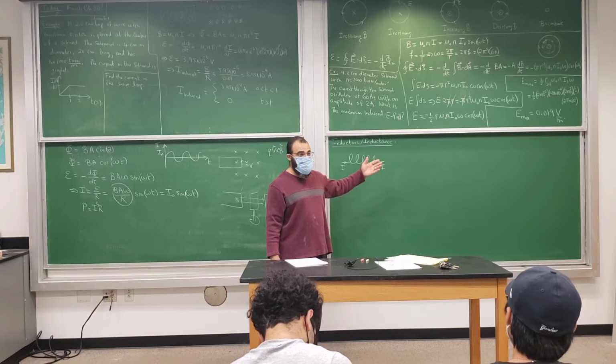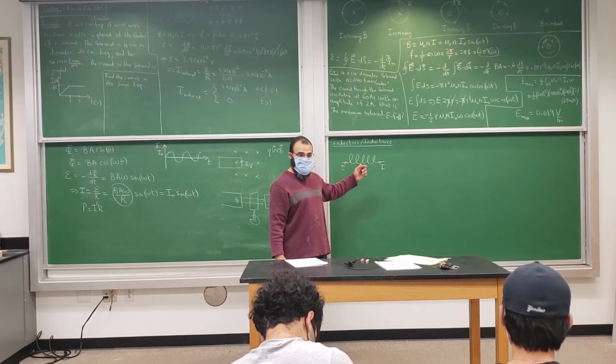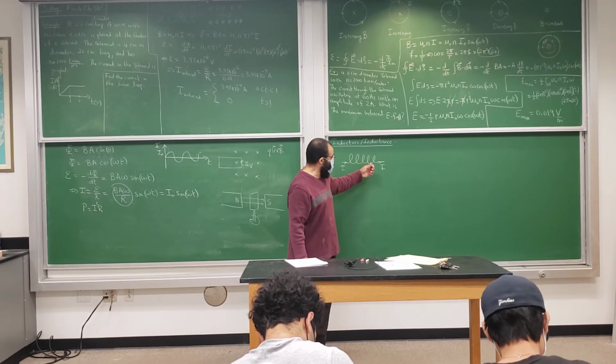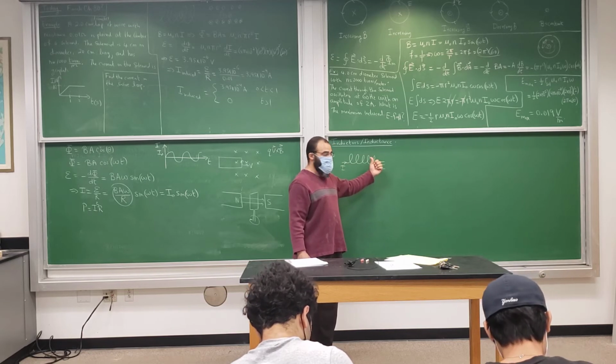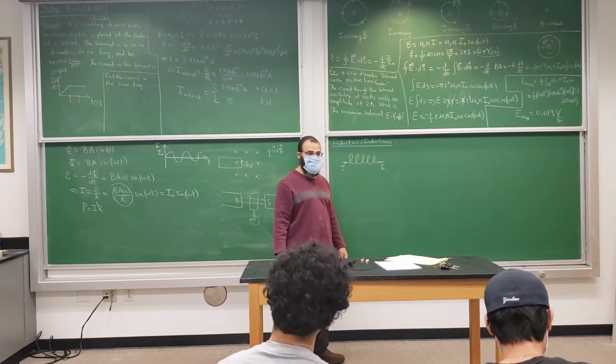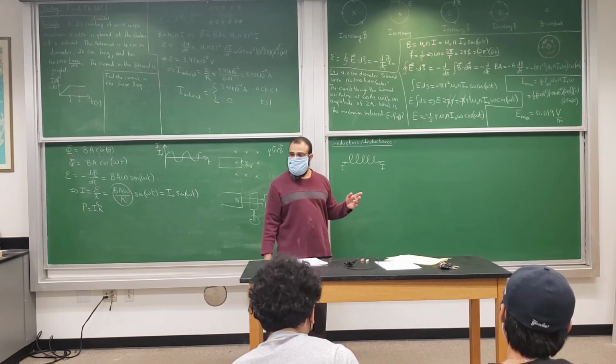So there will be a changing flux. And then there will be an induced current that opposes this change. So if it's increasing, it will try to oppose this current by inducing its own little current that goes this way. And that current will be a function of time, in fact. And we're going to figure it out.